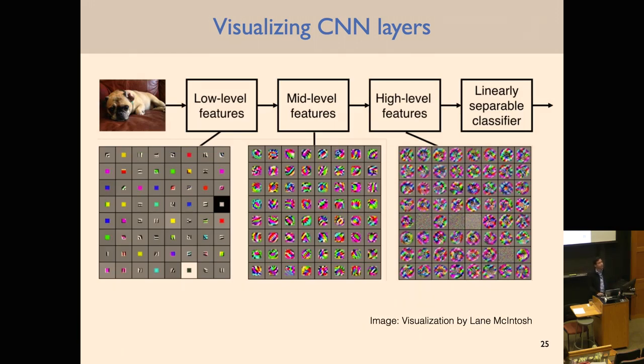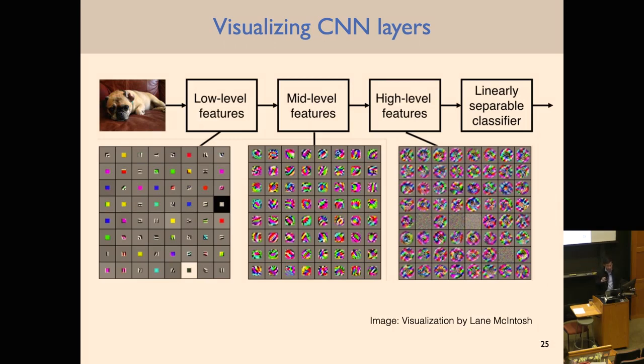Question? How do you choose the size of the filter? Yeah, so there are some rules of thumb. Usually something like 5 by 5 by 3 is what you would pick. Part of it depends on the scale of features that you're trying to extract.